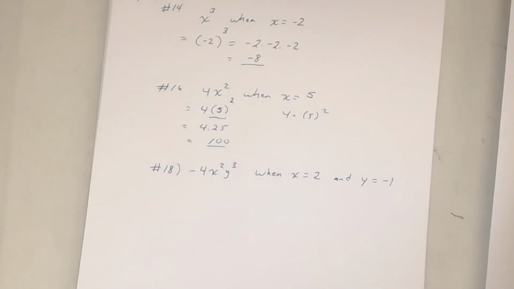So x is 2 and y equals negative 1. This time your expression has two variables, x and y. In place of x, I'm going to substitute what number? 2. And in place of y, I'm going to substitute negative 1.